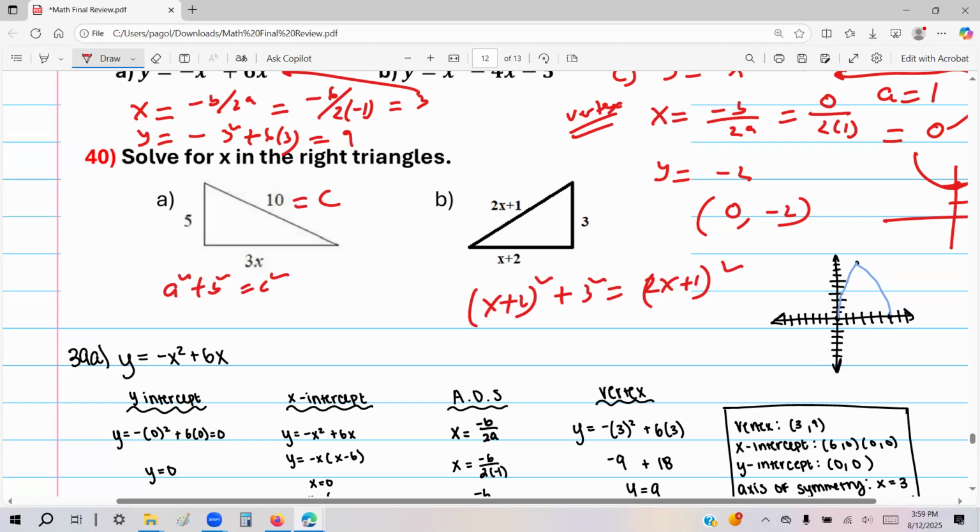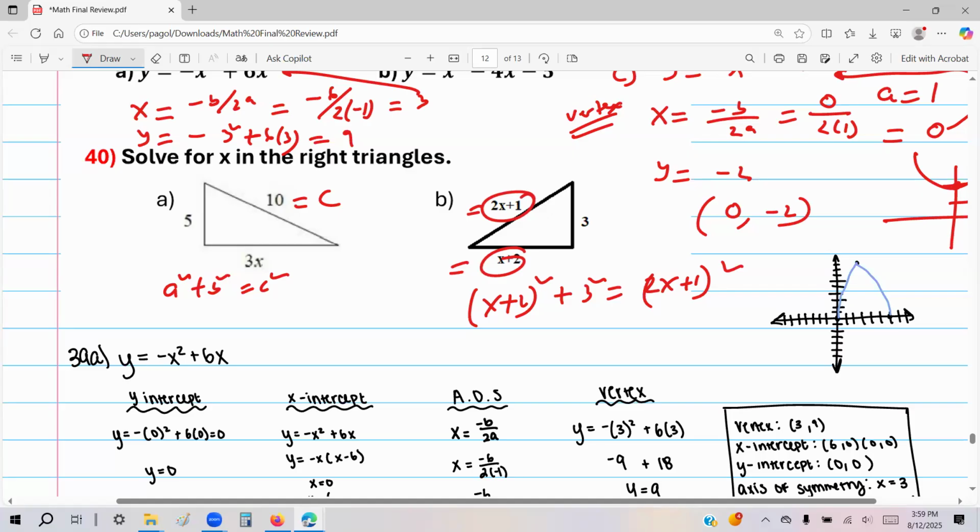You have to have your c on one side, then bring everything to one side, solve for x, and check here and here. For the two solutions you get, do they make any of the triangle sides 0 or negative? Then it doesn't exist. You omit those solutions. You take only the one that's real.